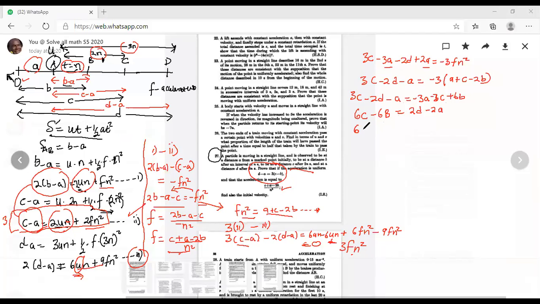Finally, I'll have 6 into c minus b is equal to 2 into d minus a. Divide by 2, divide by 2. Hey, why am I writing capital? This is small letter. Giving me 3 into c minus b is equal to d minus a. Hence solution.